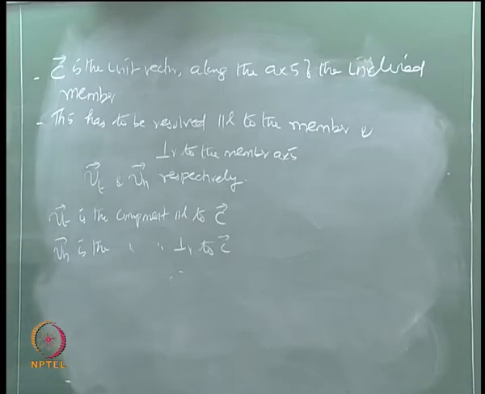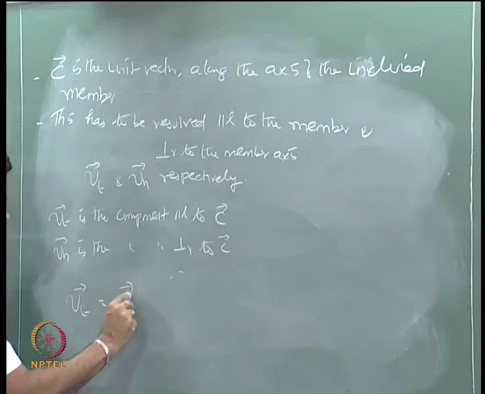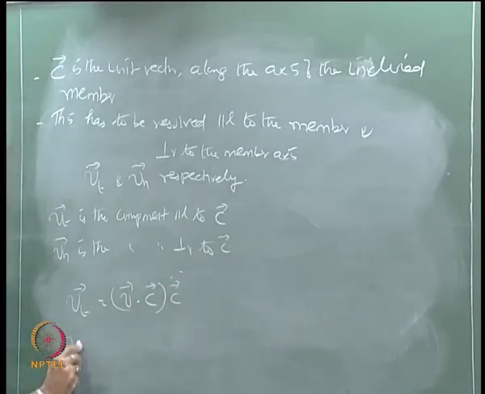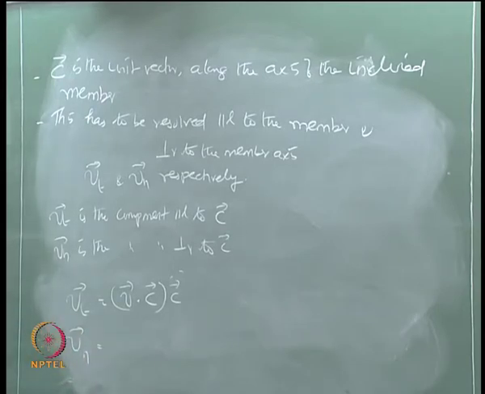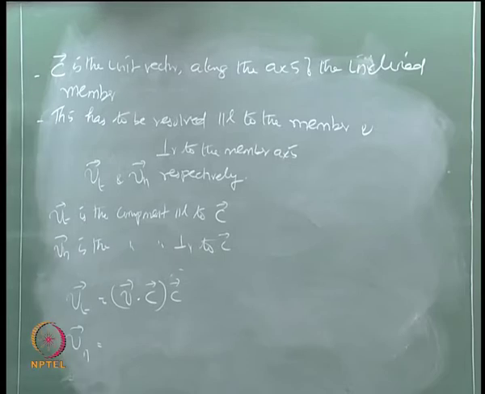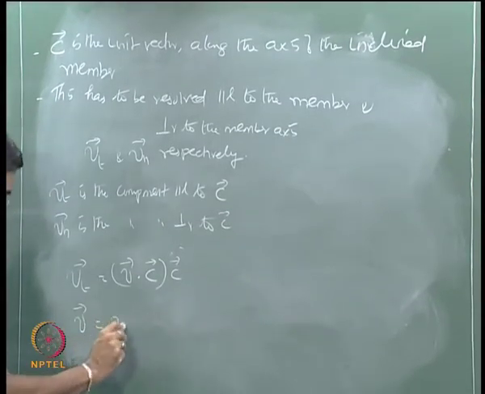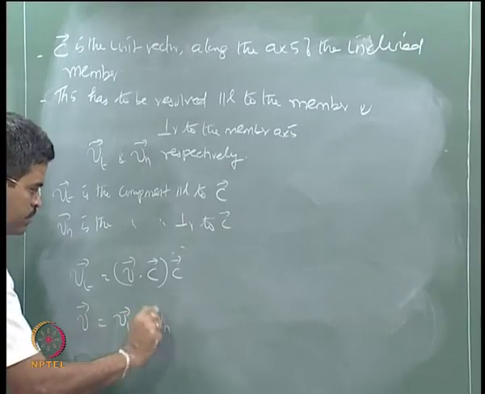So, therefore, I can write Vt as V·C times C, or we will say V is Vt plus Vn.